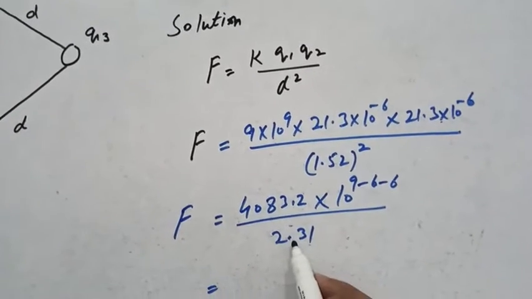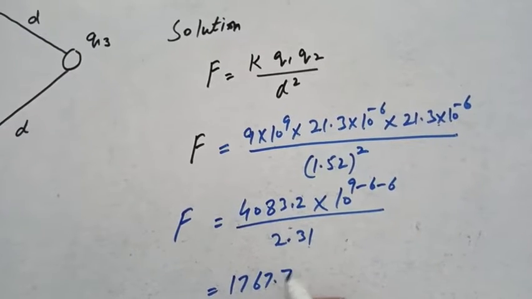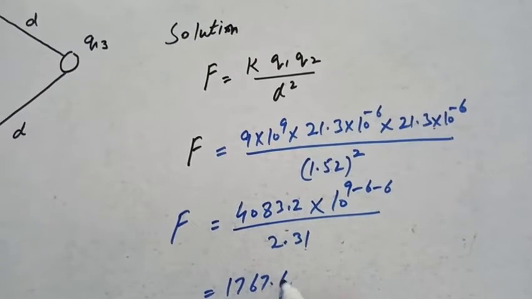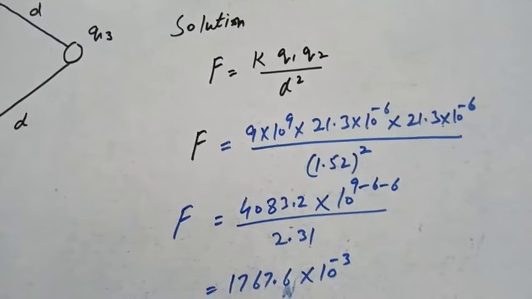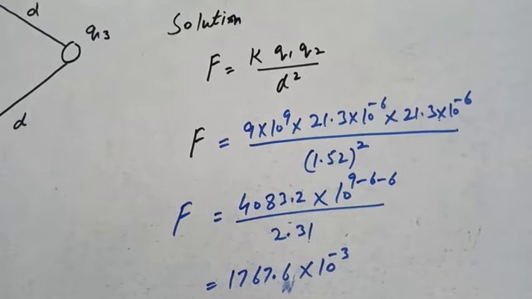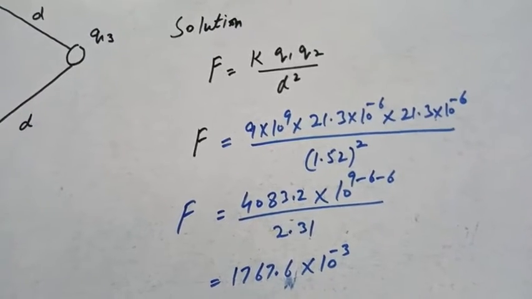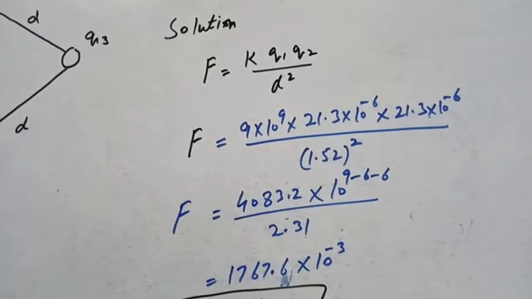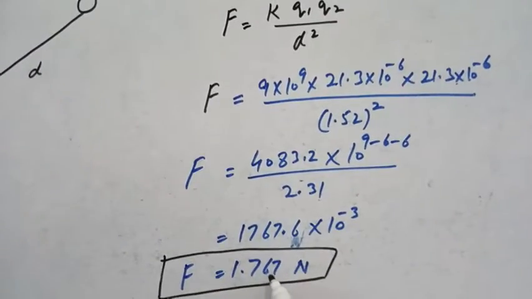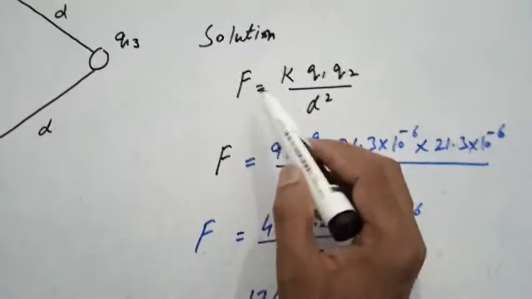Dividing this number by 2.31, we get 1767.6 into 10 to the minus 3, and it comes out to be 1.767 newtons. So the force acting on charge Q1 is 1.767 newtons. You must know that this Coulomb's force is a mutual force.